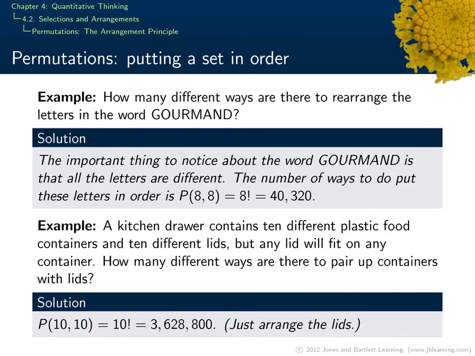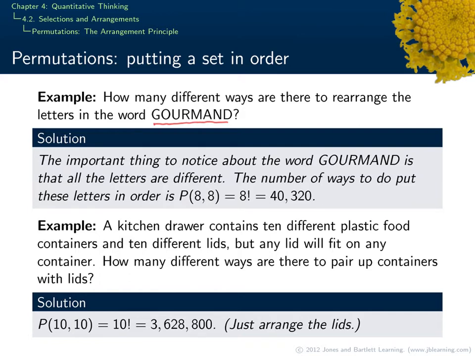Okay, here's another example involving permutations. How many different ways are there to rearrange the letters in the word gourmand? We're trying to count how many ways we can scramble those letters. One thing that's nice about this example is that in the word gourmand there are no repeated letters. All the letters are different.